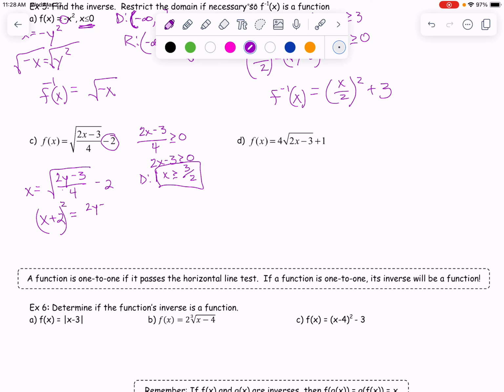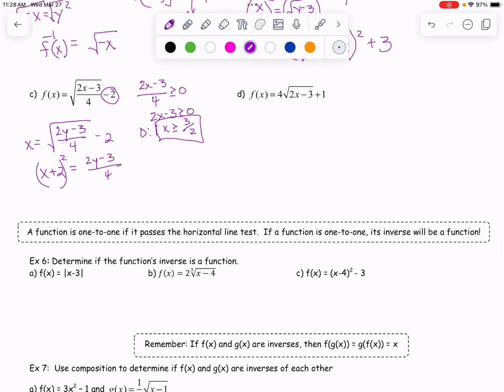And I'm left with this. So I'm going to multiply by 4. And I'm going to end up with a quadratic. So this is going to be 4. I'm going to add 3.